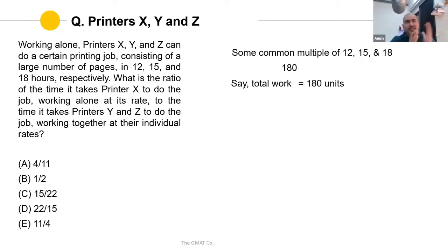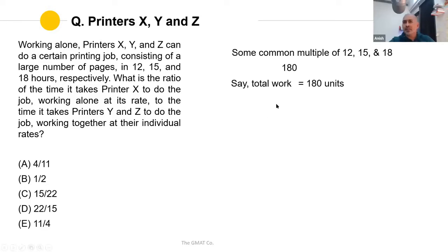Whatever that job is, it takes the machines 12, 15, and 18 hours respectively. So I can assume that work to be some units that actually help me with calculations. I would want a figure that's a multiple of these so that when I need to divide by the hours, I don't deal with any fractions. I can directly get integer values and my life will be easy. We'll see that in action.